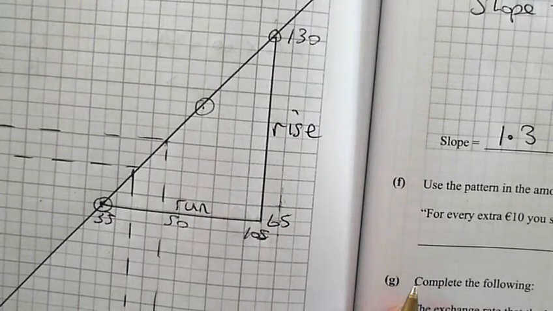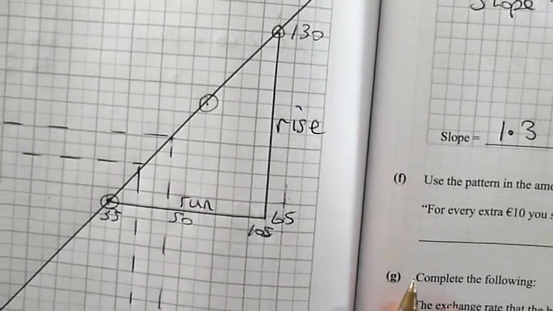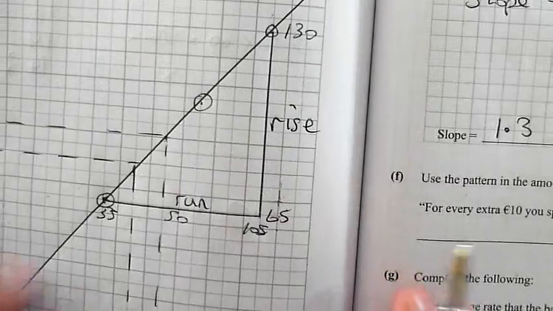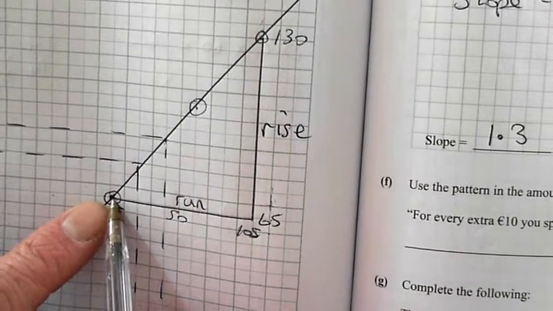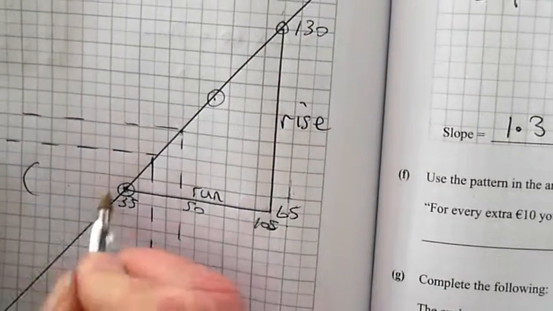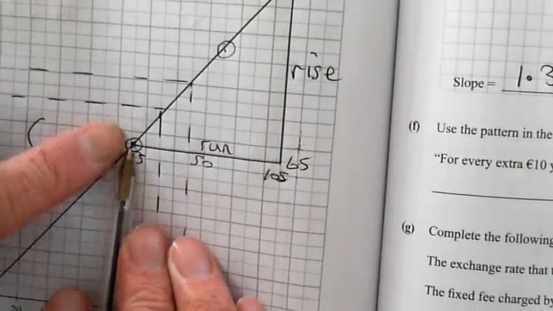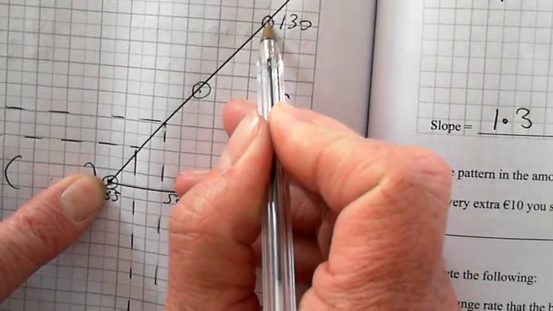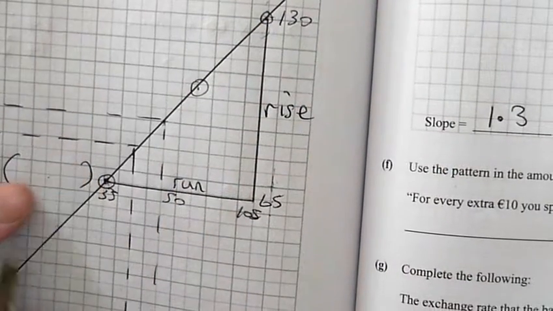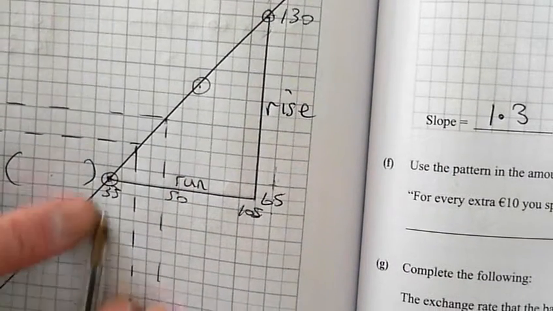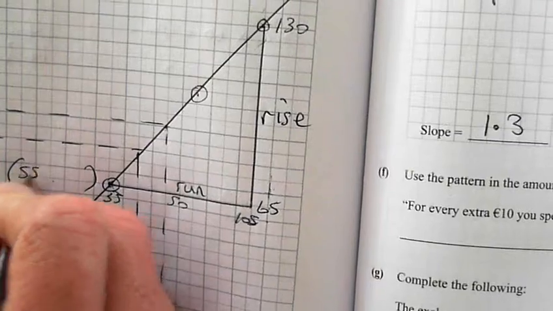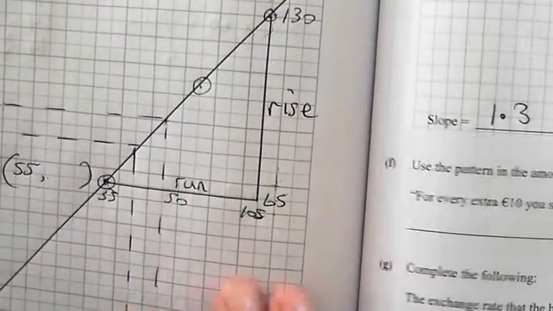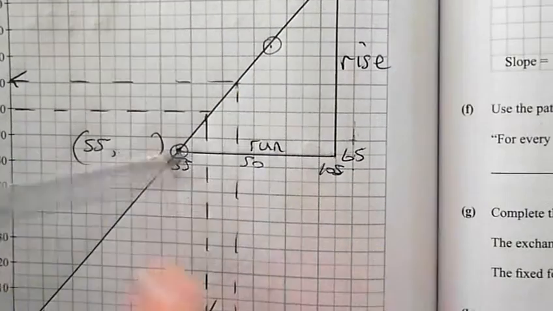How would you get the 2 points? Yeah. What's this coordinate here? If I was to use this point and this point, we'll do it your way. So the x coordinate is 55, comma, what's the y coordinate? 65.